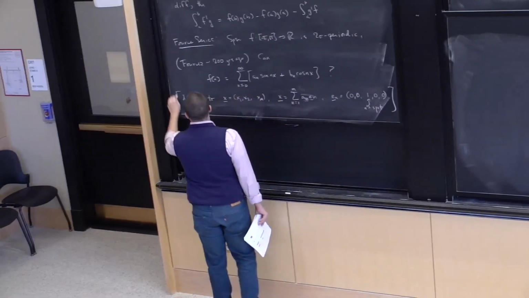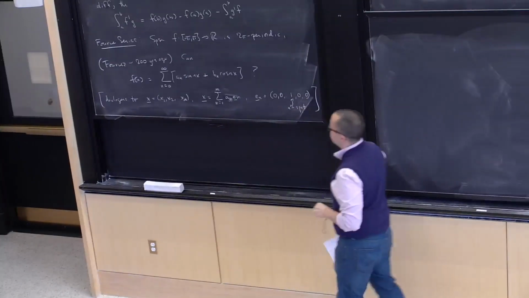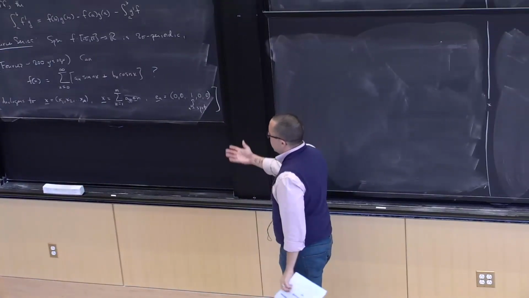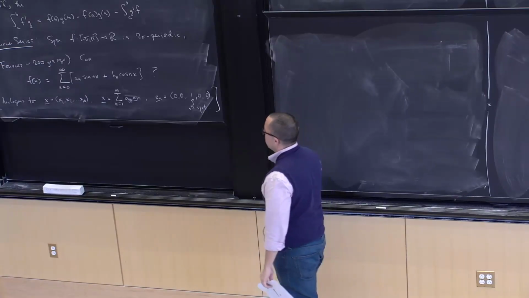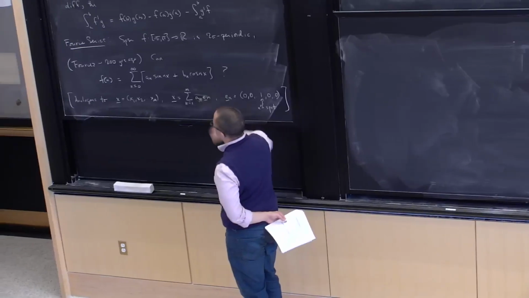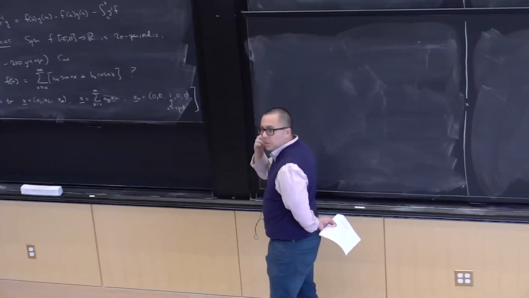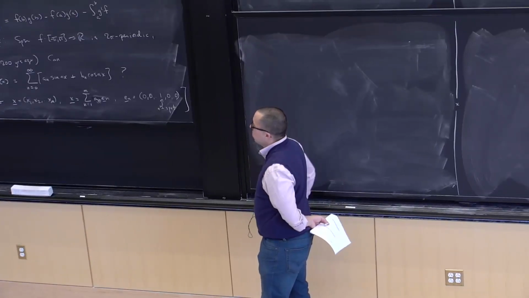So you can think of this expansion in terms of sines and cosines as being analogous to expanding a vector in terms of basis elements. Or you can think of it as a different way to expand a function other than Taylor series or power series, okay?